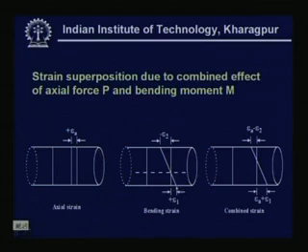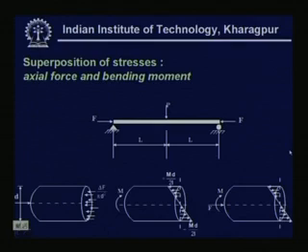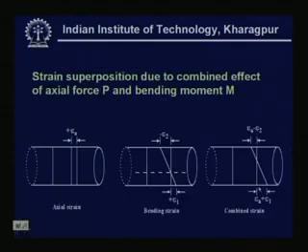Now, what is the imposed effect? Epsilon A minus epsilon 2, and epsilon A plus epsilon 2. So, you can see the distribution of this particular bending strain and axial strain combined together. The magnitude of the total strain will be less here compared to the magnitude of the combined strain we are getting over here.